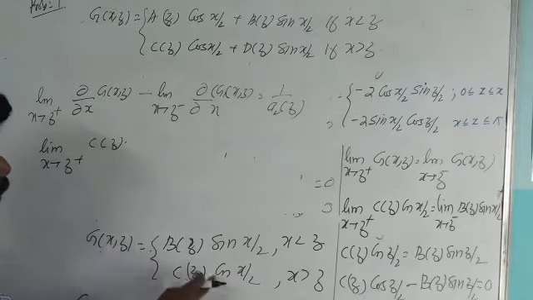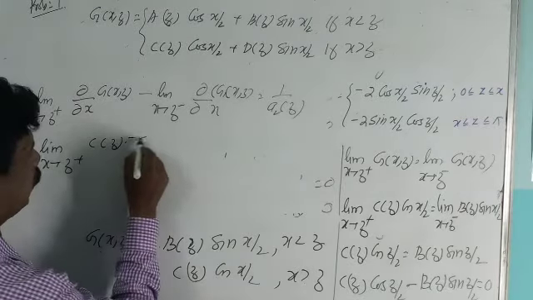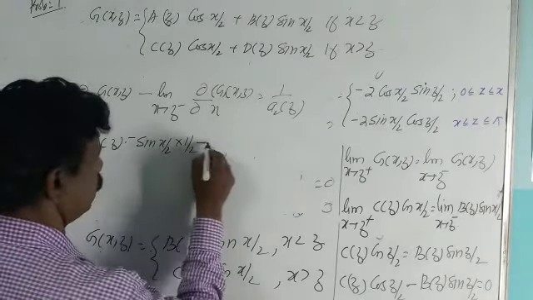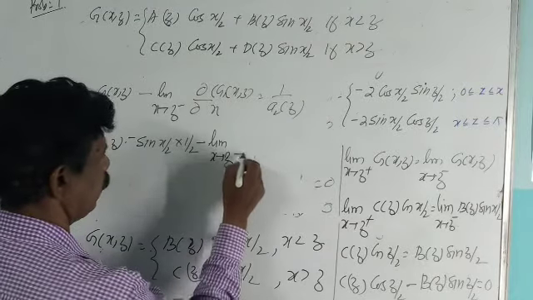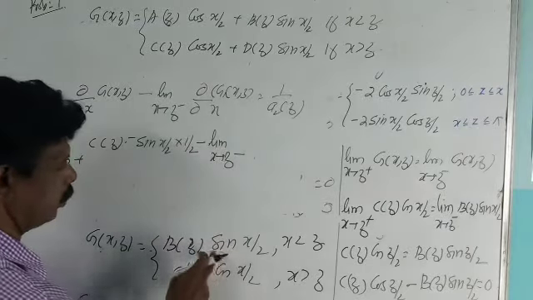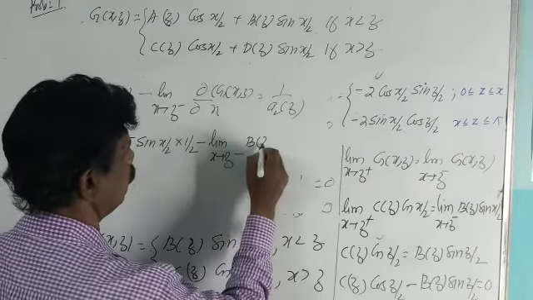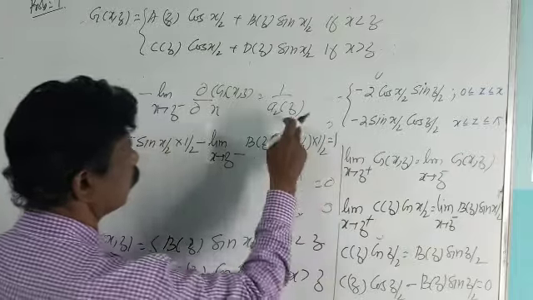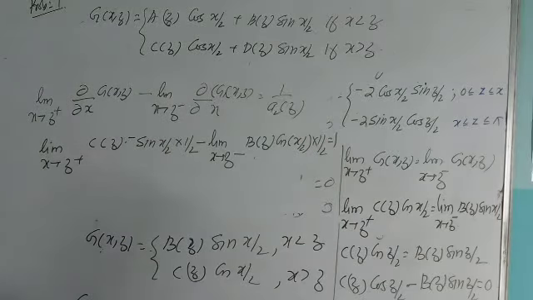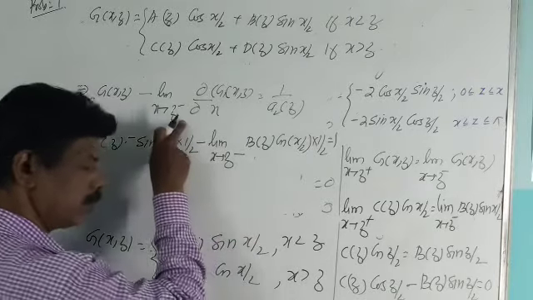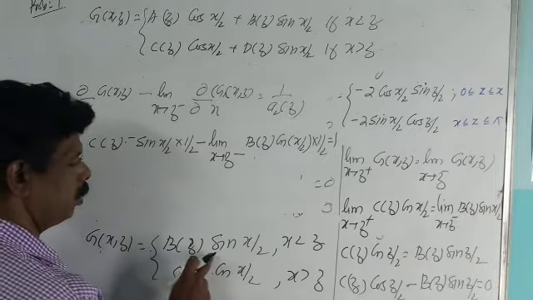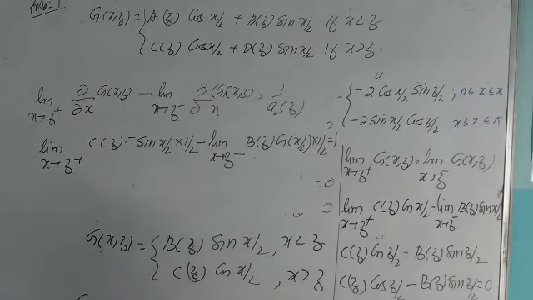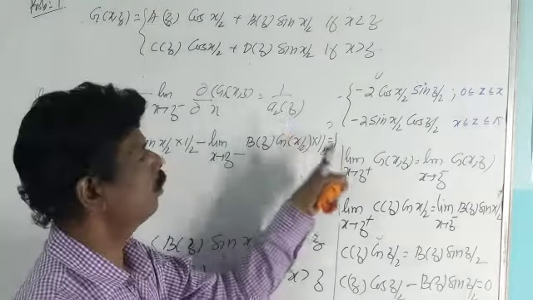C is the derivative of cos x by 2, that is minus sin x by 2 into the derivative of x by 2, 1 by 2, minus limit x tends to z minus dou g by dou x of g x z, that is the derivative of b z sin x by 2, which is b z cos x by 2 into 1 by 2, equal to 1, where 1 is the coefficient of d square y by d x square. So 1 is equal to 1, then 1 by 1 is equal to 1.